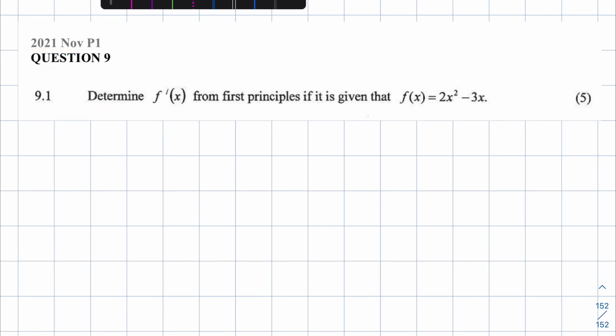So the question is, determine f prime x from first principle, if it's given that f of x is equal to 2x squared minus 3x.